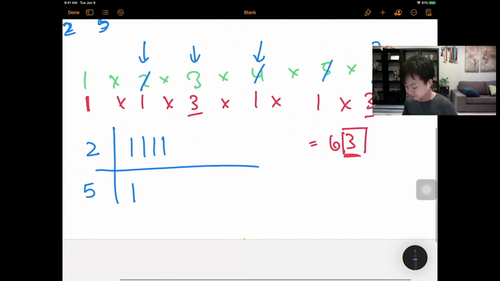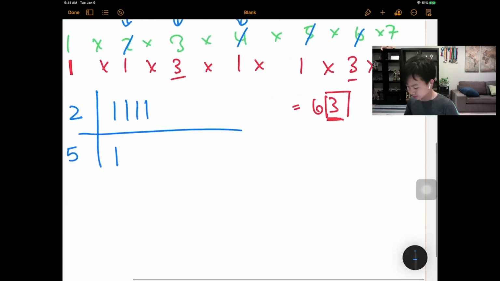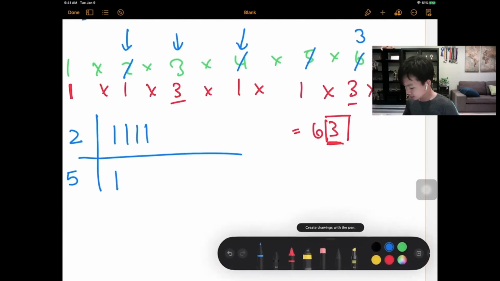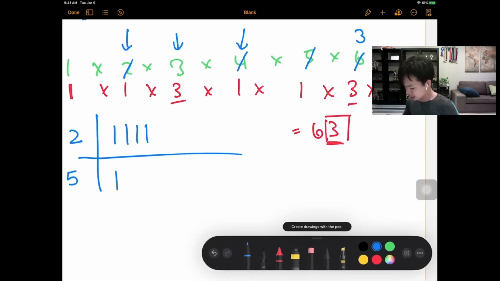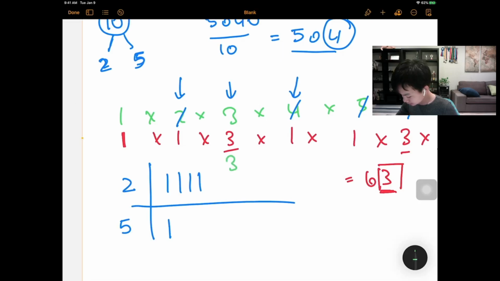So when we're multiplying this, we actually only have to keep track of the last digit.